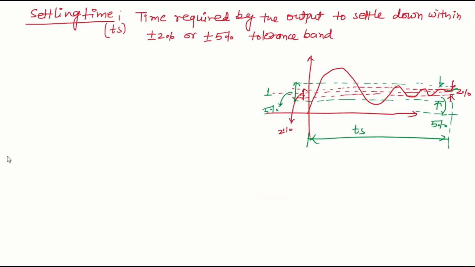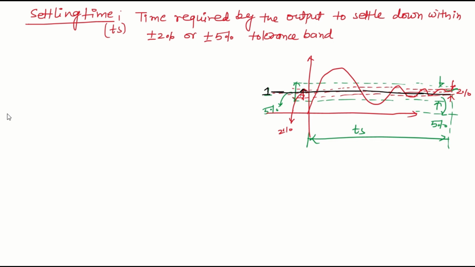So, the final parameter is settling time. Settling time is basically the time required by the output to settle down within plus minus 2% or plus minus 5% of the tolerance band. Now, what exactly is the tolerance band? This is the steady state value of this second order system in the underdamped case. So, this value is 1, the steady state value. Around this value we have a tolerance band.